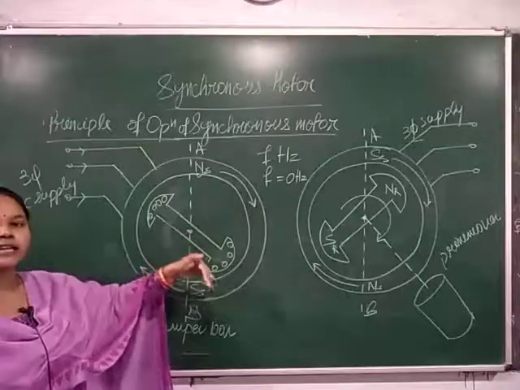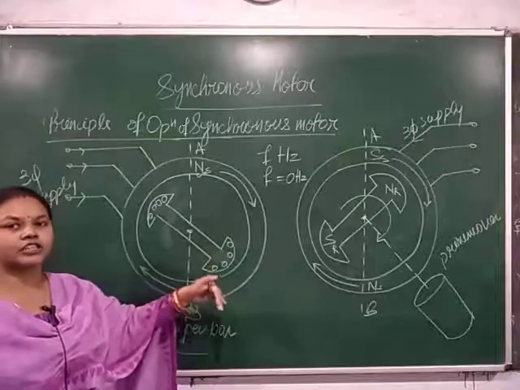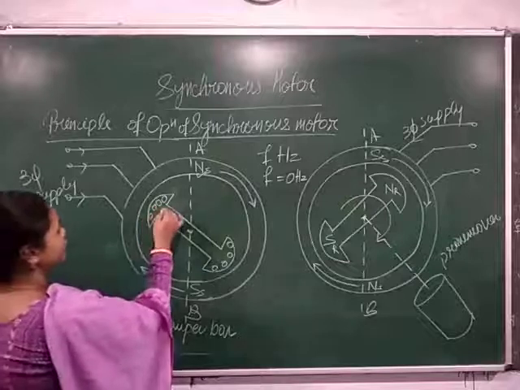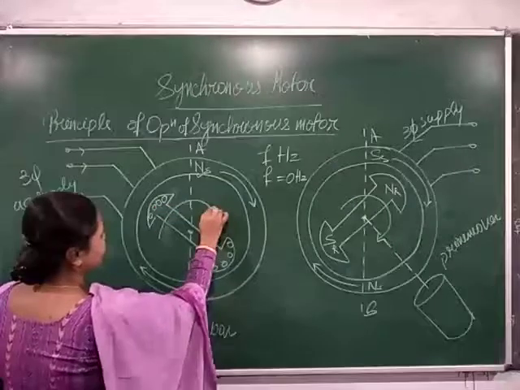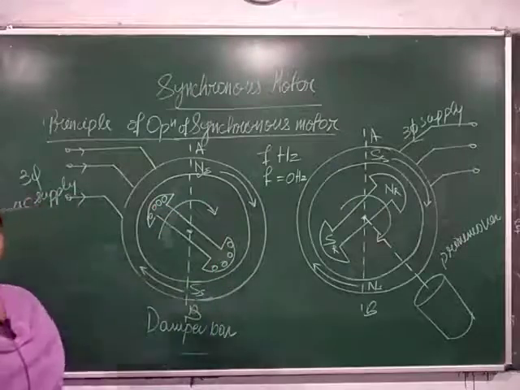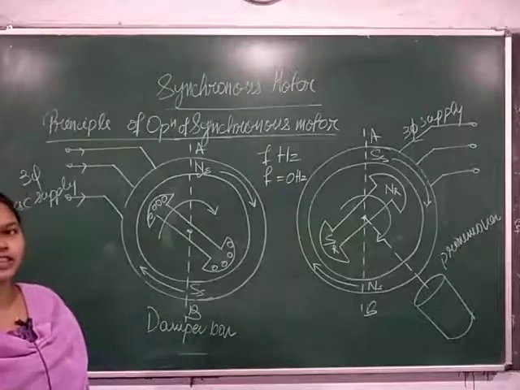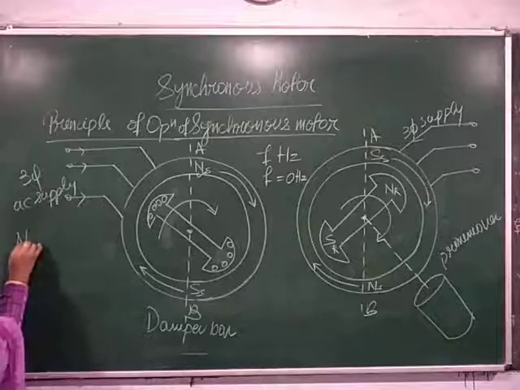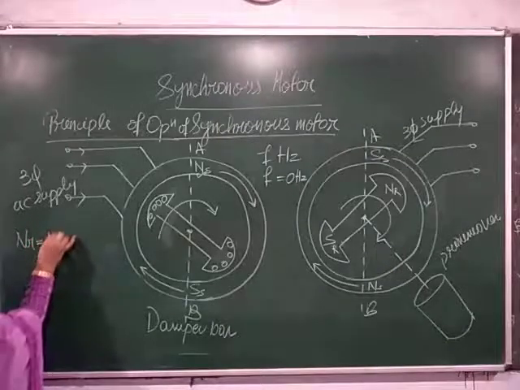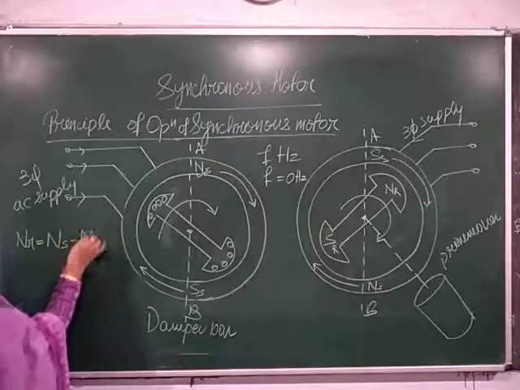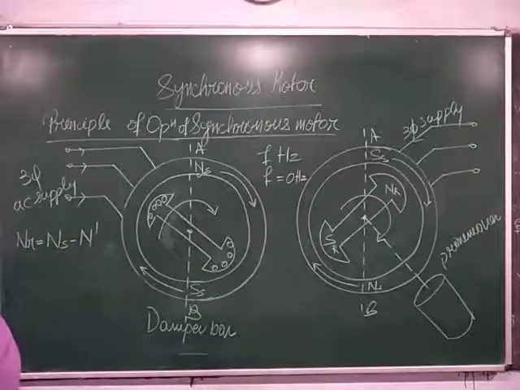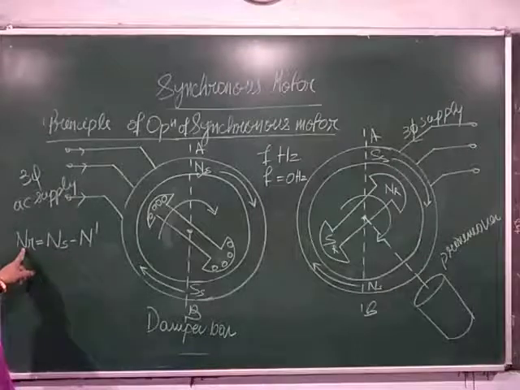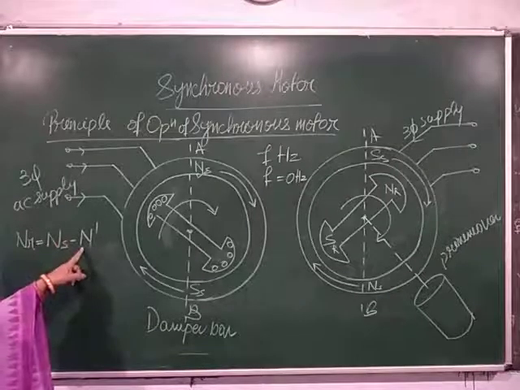So it acts like a squirrel cage induction motor, and it also rotates, not synchronously but at less than synchronous speed, called the relative speed, that is synchronous speed minus speed of the rotor. Let Ns be the synchronous speed, Nr the rotor speed.